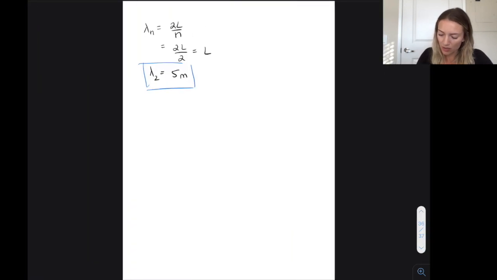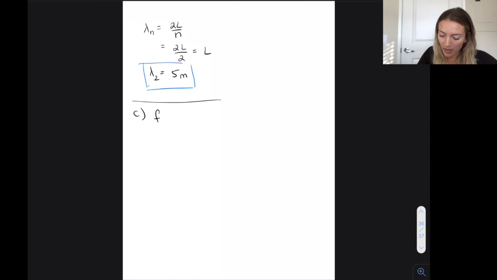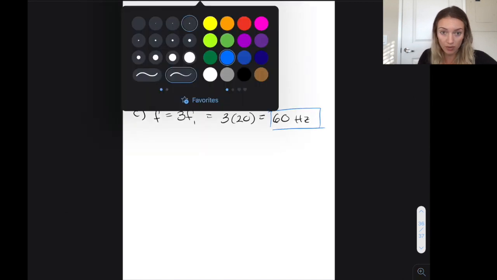Let's find the frequency first. The frequency, as we said before, is just going to be 3 times the fundamental frequency, right? Because they go up by n, every integer. So 3 times 20 is equal to 60 hertz. That's the frequency of the third harmonic, or the second overtone.